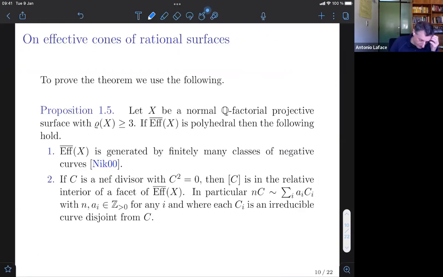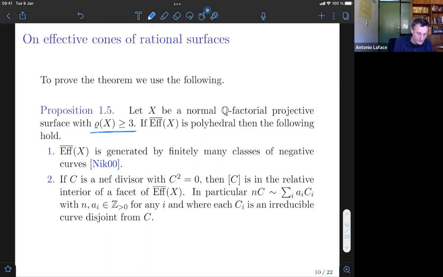If X is a normal Q-factorial projective surface with Picard rank at least 3, which is used for guaranteeing that the light cone Q of X is circular, then if the pseudo-effective cone is polyhedral, we have two conditions.